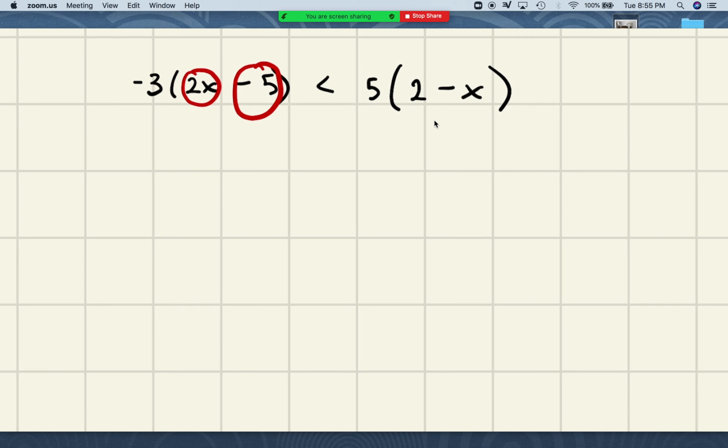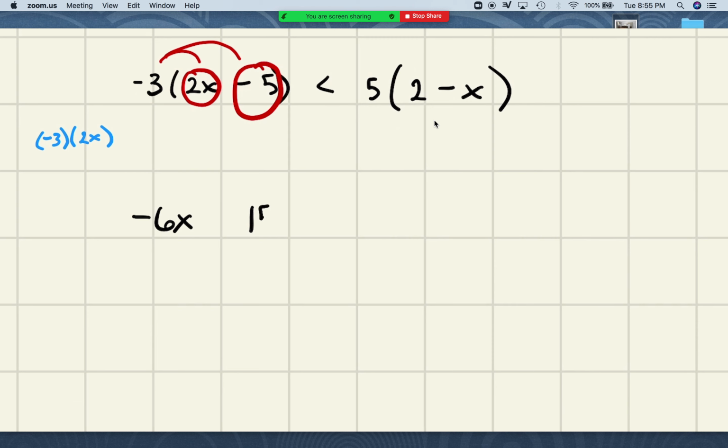So when you do the distributing, when you multiply, you're doing negative 3, this is like on the side, you're doing negative 3 times 2x. That gives you negative 6x because you just do the negative 3 times the positive 2. And then you do the negative 3 times the negative 5, and that gives you positive 15.